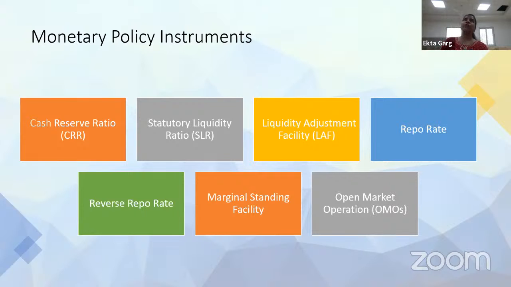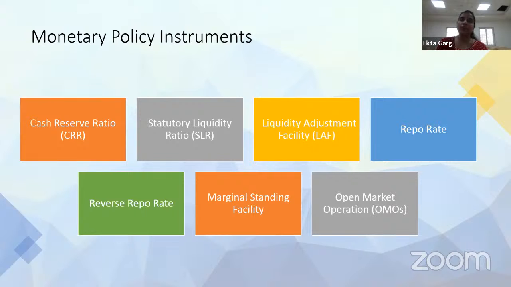And if the margin requirement reduces, what happens? It will become easy for borrowers to get a loan from the commercial bank, and hence borrowing activity will increase, investment will increase, consumption will increase, and it will positively impact the aggregate demand curve.